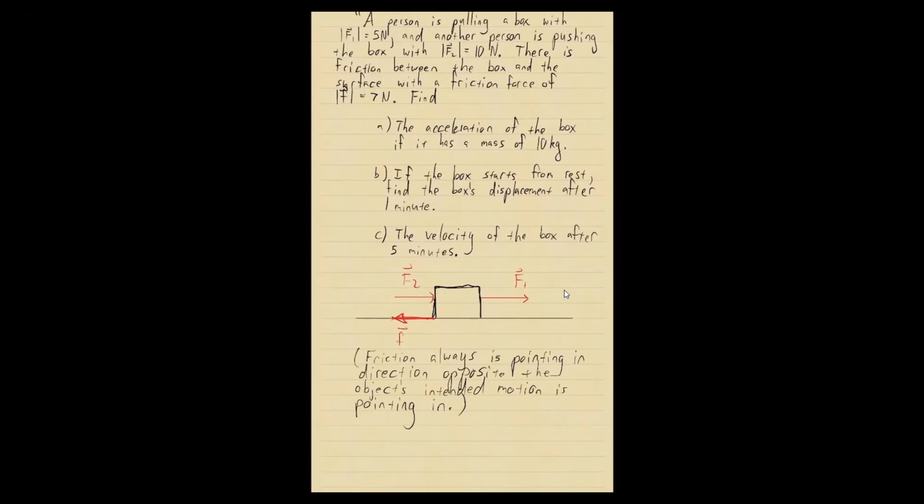In this case, our box is being moved to the right by these people pushing and pulling on it, and so the friction force is going to oppose that motion.